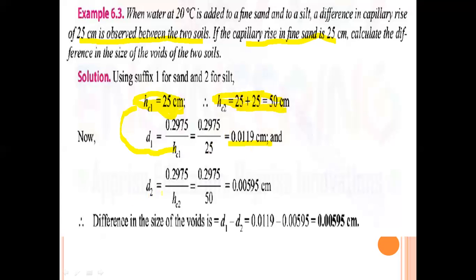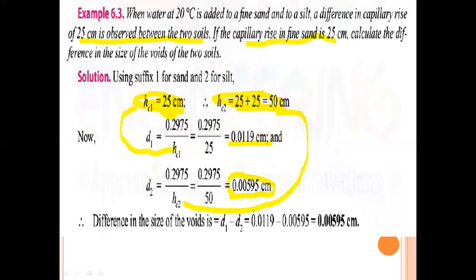And d2 is 0.2975 divided by HC2. Substituting the HC2 value, 0.2975 divided by 50 equals 0.00595 centimeters. It is the d2. So you find the difference of the size of voids in the two soils.